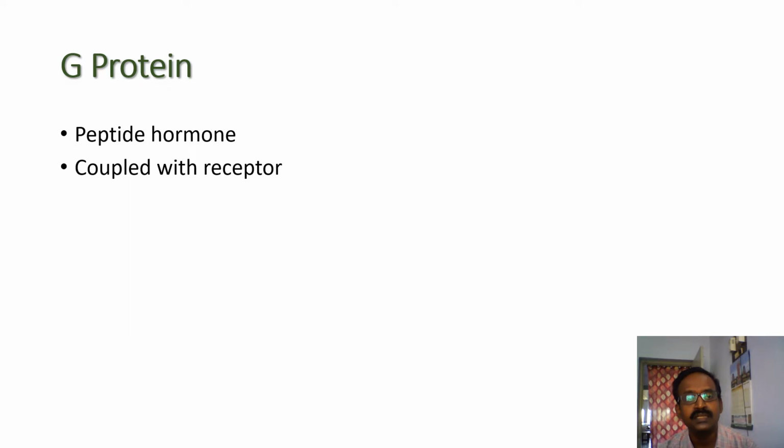G protein is an intracellular protein. Peptide hormones mainly act through the G protein. The G protein connects the receptor with the second messengers. When the hormone binds with the receptor, the hormone receptor complex creates the second messengers through the G protein.